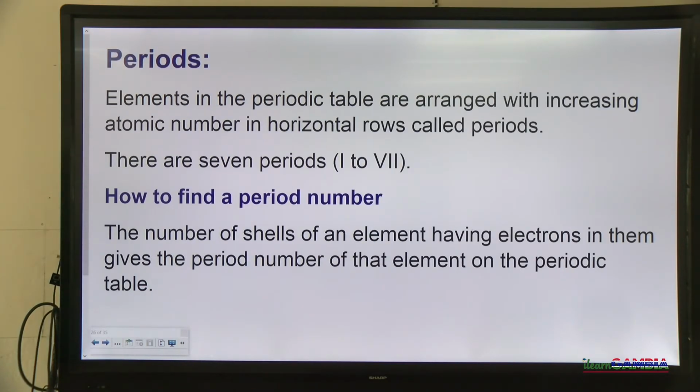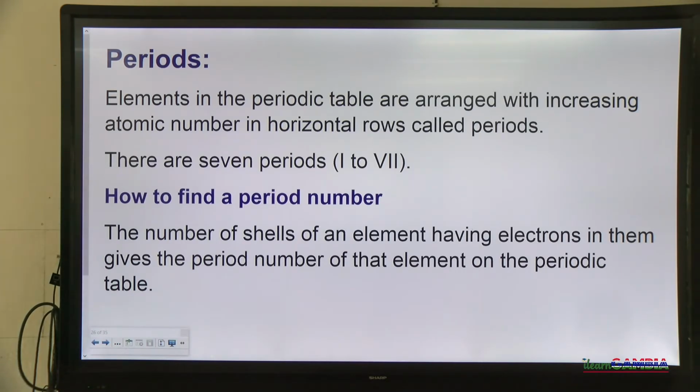Now we look at periods. Elements in the periodic table are arranged with increasing atomic number in horizontal rows called periods. In the periodic table, previously we've seen that there are 18 groups, but in our context we limit it to 8 groups only, and we have 7 periods, but at our level we only stop at the first 3 or 4 periods.